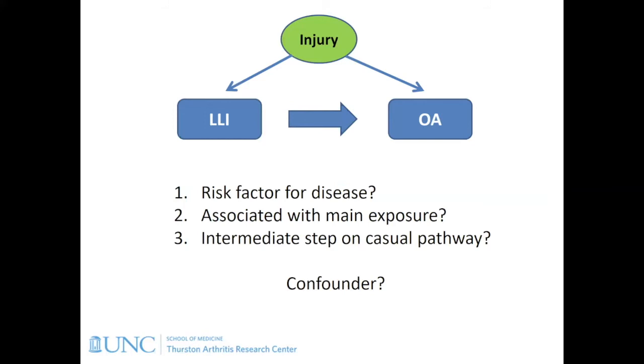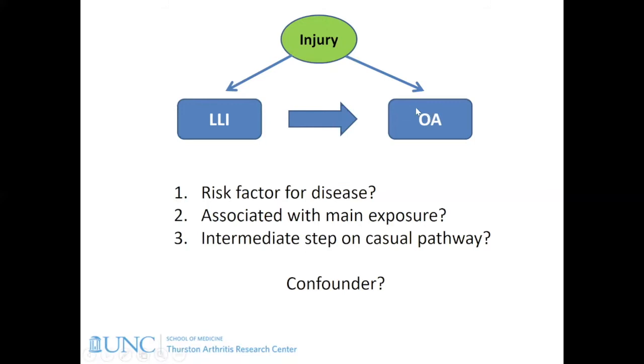So that's where we would have this arrow going from injury to osteoarthritis. Then we're interested in seeing whether injury is associated with our main exposure. Injury can lead to leg length inequality, especially in children and adolescents while they're still growing. If they have a significant injury to a lower limb, that can change their growth in that leg, and so they could develop a leg length inequality.